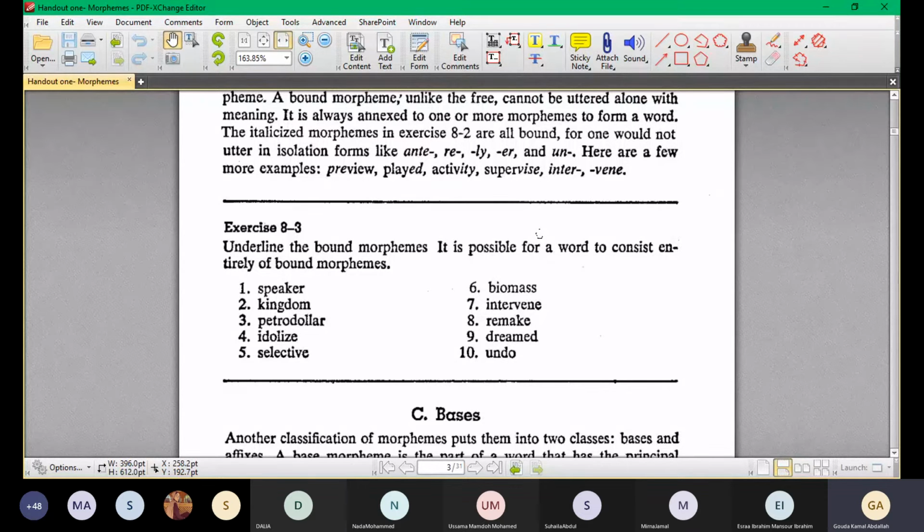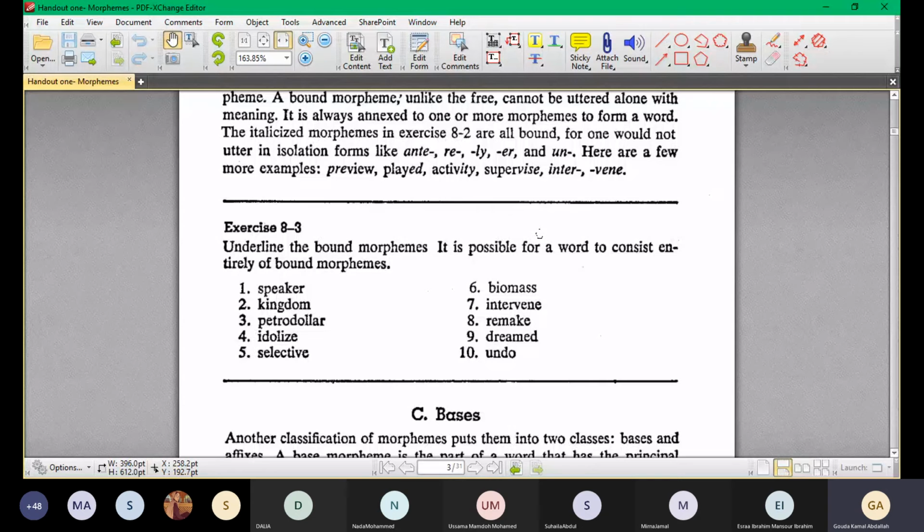Can it stand alone? No. It must be added. We have kingdom, we have freedom, for example, so it cannot stand alone. It must be added to another morpheme to form a word.